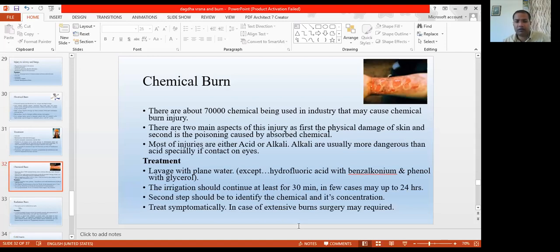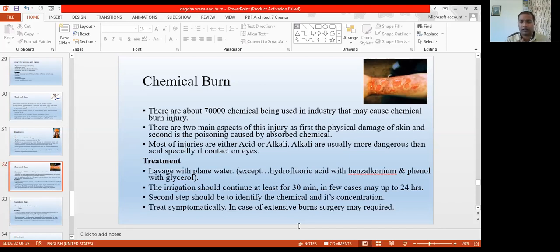Why are these exceptions there? Because water increases the absorption of the hydrofluoric acid as well as the phenol, so we should avoid absorption in the patient. Once the chemical has burned, the chemical causes two types of injury. One, direct injury to the skin, and next, poisoning due to absorption. So you have to reduce both things.